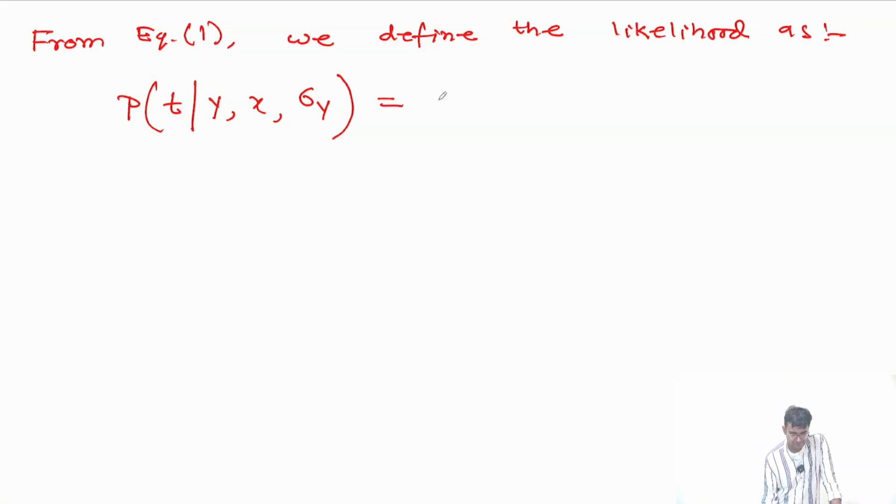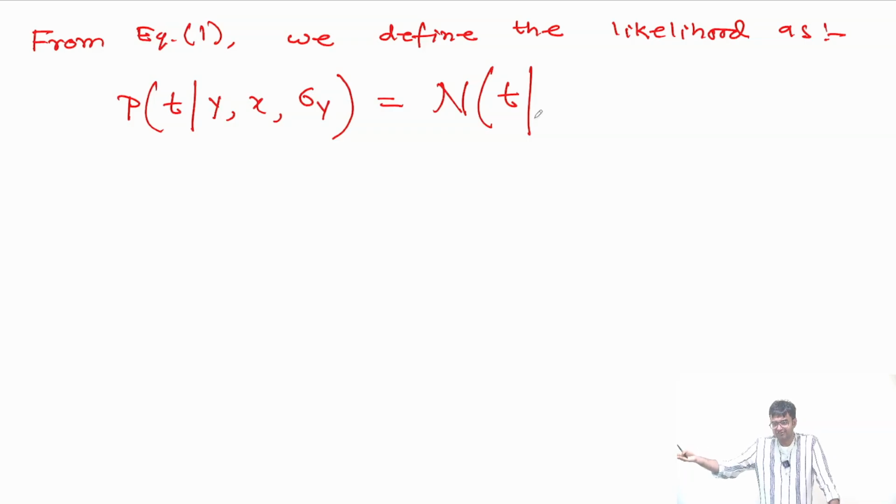Let me write something and then let's see. Gaussian, you said, of t, obviously. T is the variable. But what are the parameters of this? What is the mean and what is the covariance? There are two things. There will be mean, there will be covariance. What is the mean of this? And what is the covariance? Why mean of y? Why should it be mean of y?